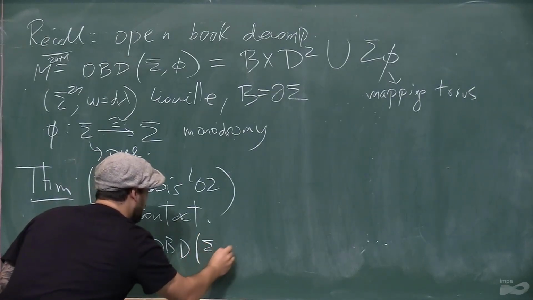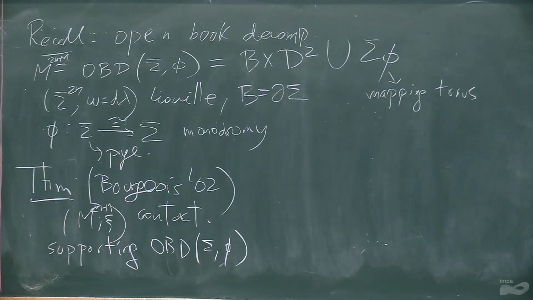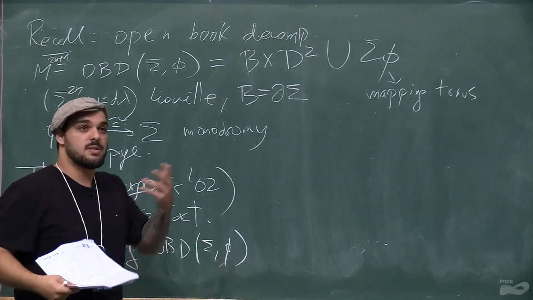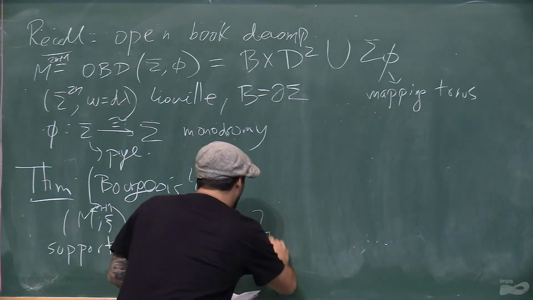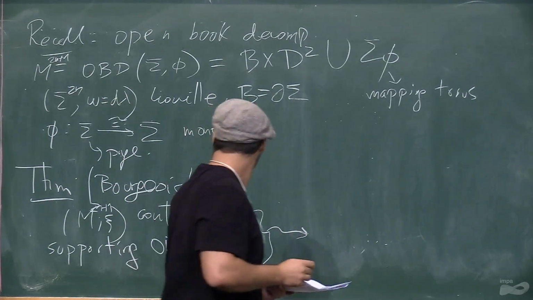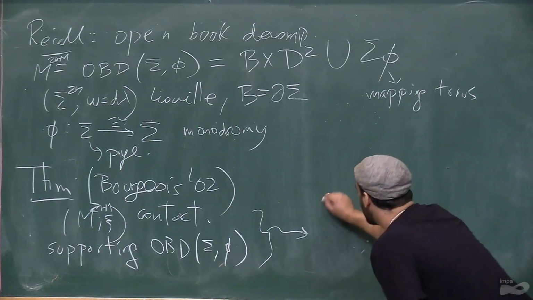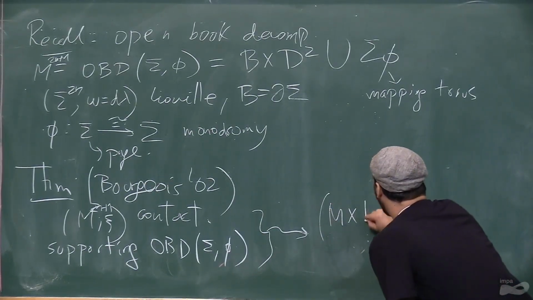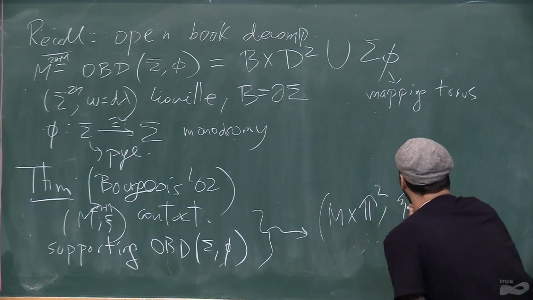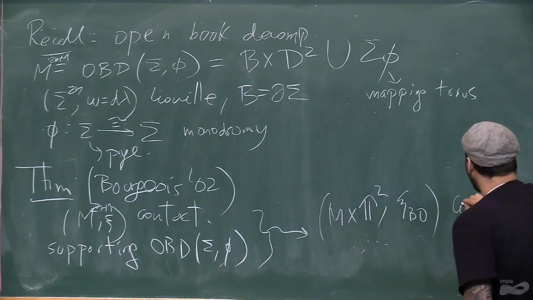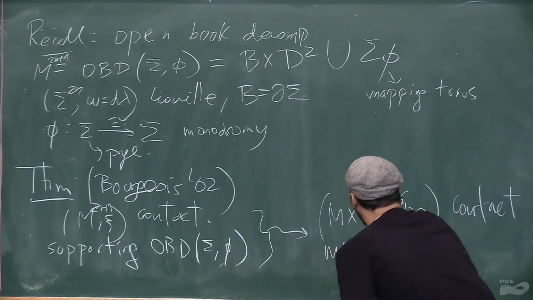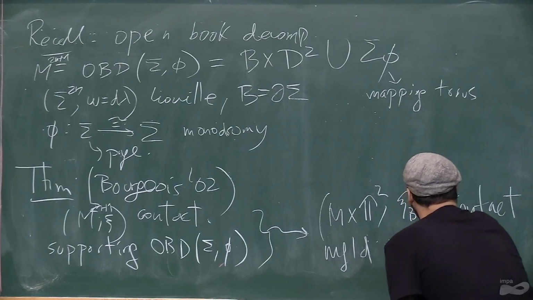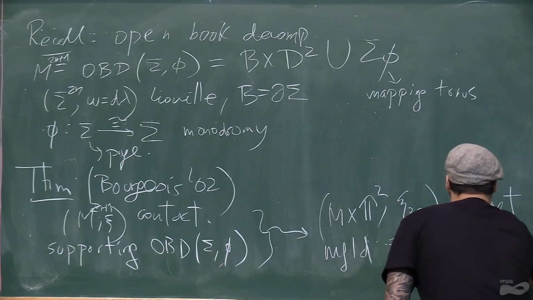Where supporting here is in the sense of Giroux, so there's a Giroux form which gives us a contact structure, and it's adapted to the geometry of the situation in some specific sense. So with this data, you get an associated contact manifold in the product of M with the two torus, and I'll denote this by Bourgeois of (Σ, φ).